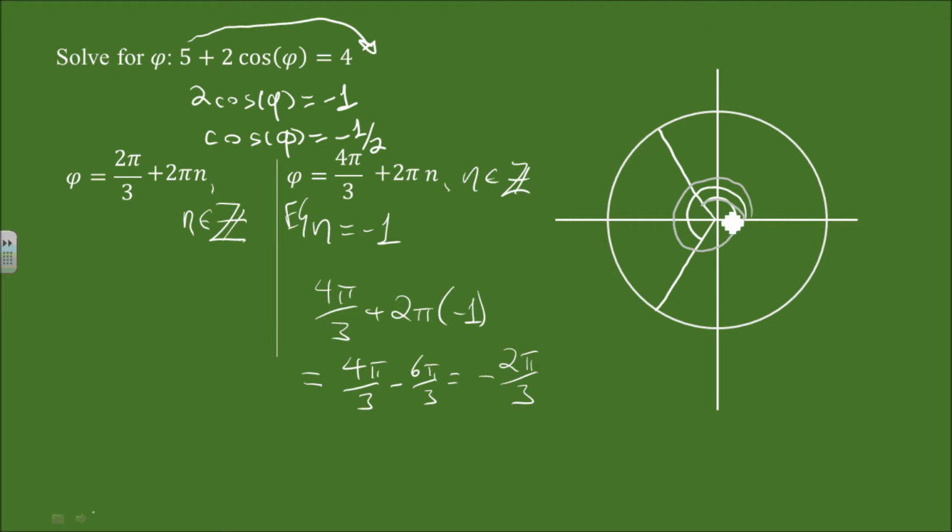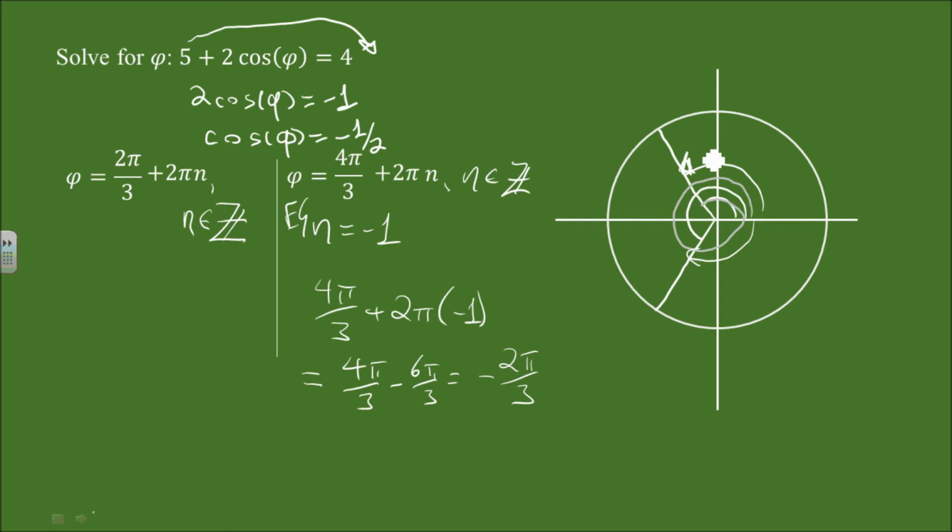So what that means is that this angle going backwards is the same as this angle going forwards, which should agree with your geometric intuition, hopefully. So I'll let you think about that.